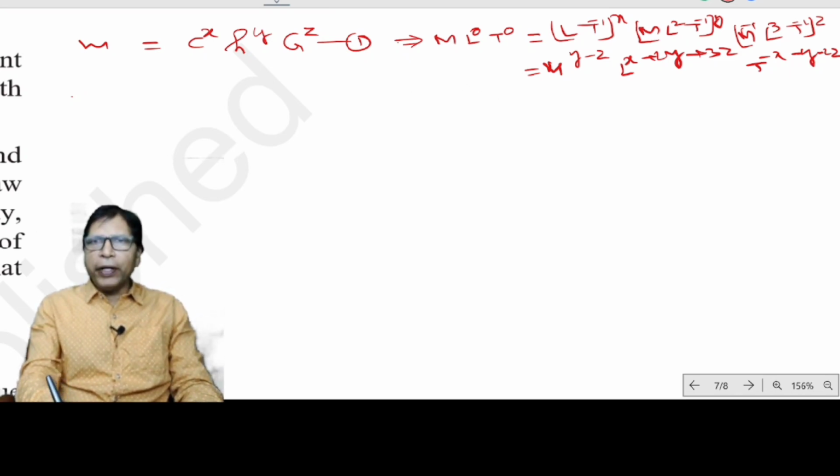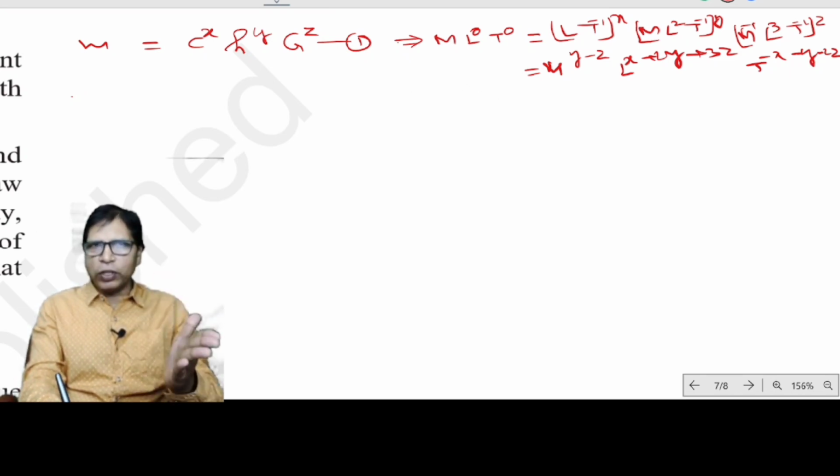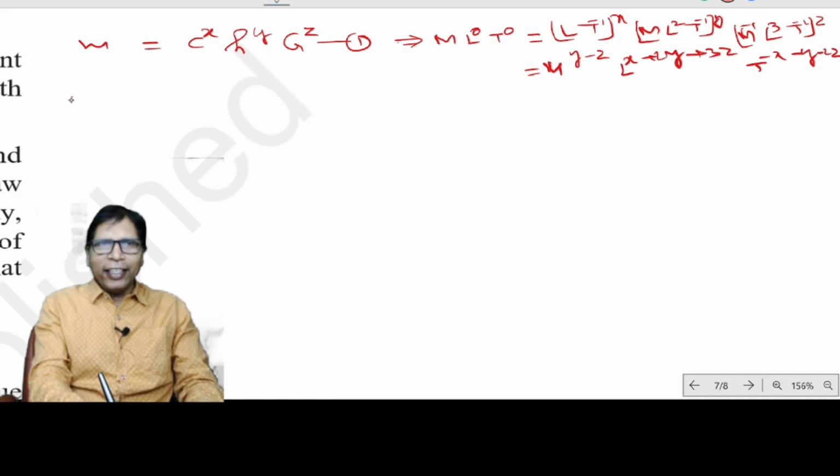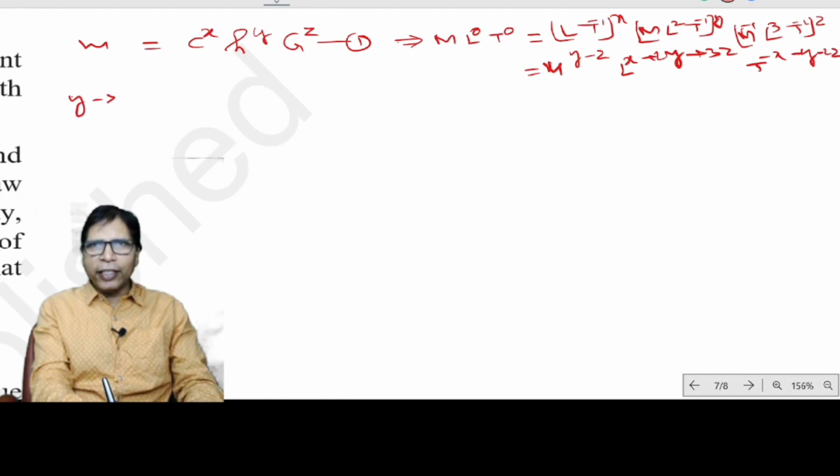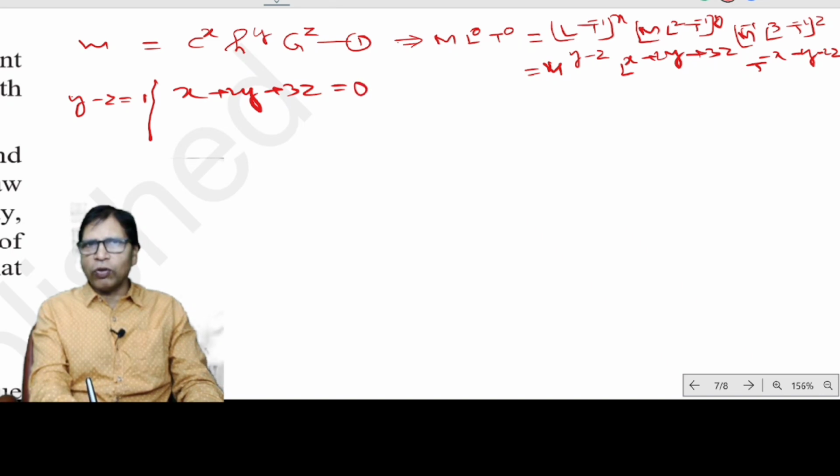Now applying the principle of dimensional homogeneity. Here M to the power 1, so y minus z equals 1. This is equation 1. Now x plus 2y plus 3z equals 0, this is equation 2.